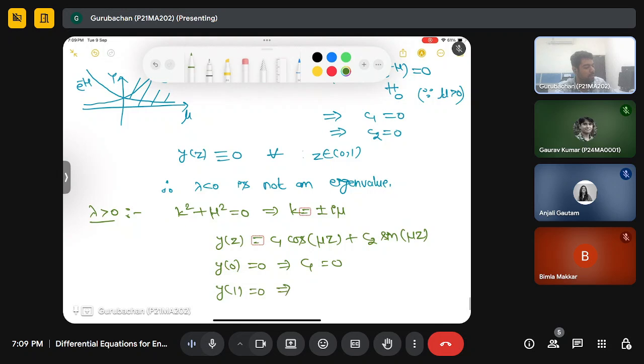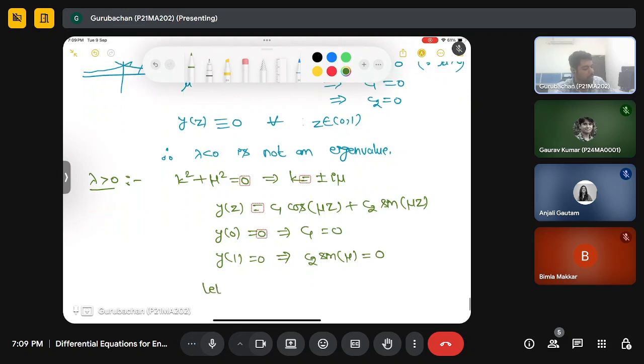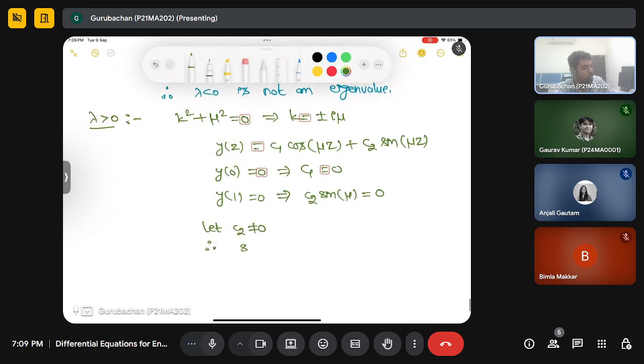This will imply that since c1 is 0, this factor will not continue. c2 sin mu is 0. Let c2 be some non-zero quantity. Therefore, sin mu is 0.